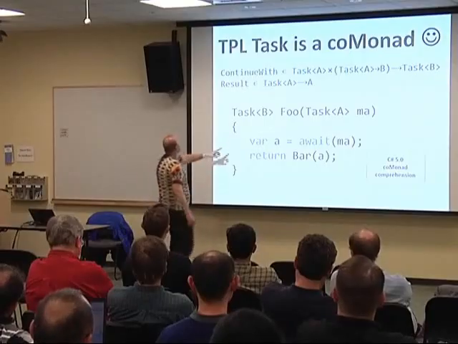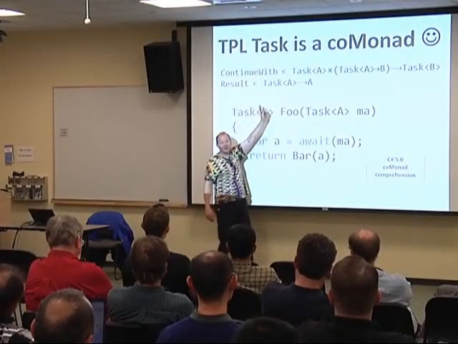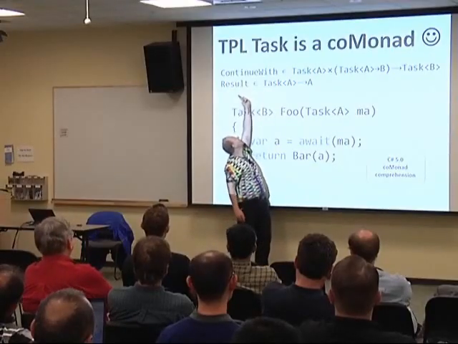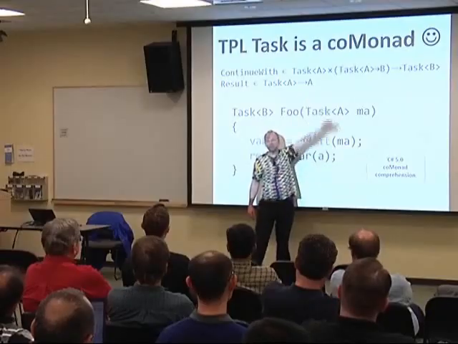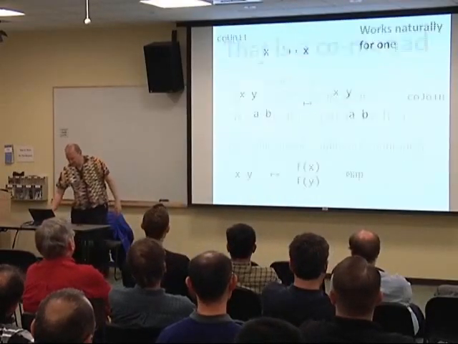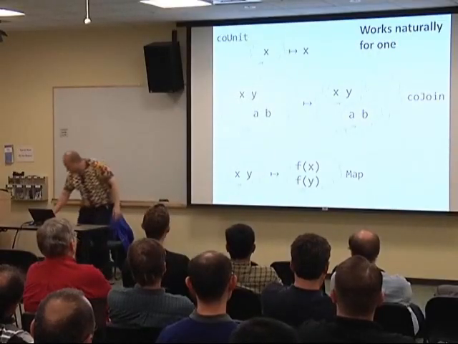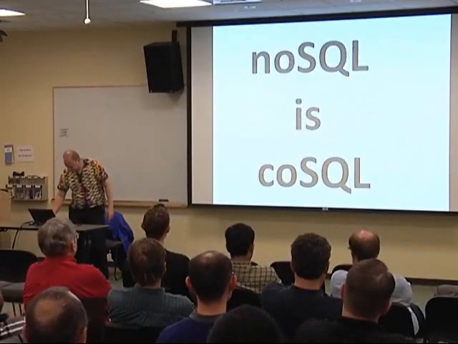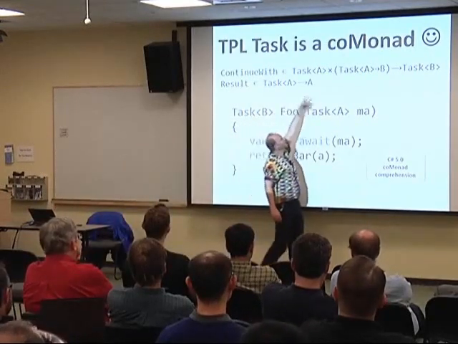So if you look at Task<T>, it has two operations: something called Result that takes a Task<T>, or Task<A>, and returns an A. That was exactly that operation. And then this here is a different formulation.